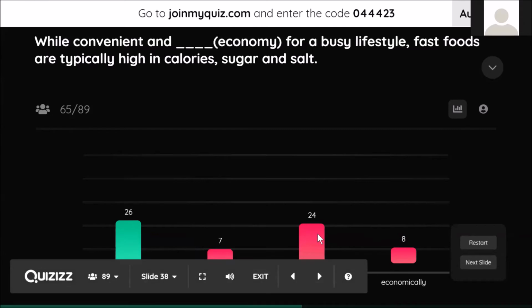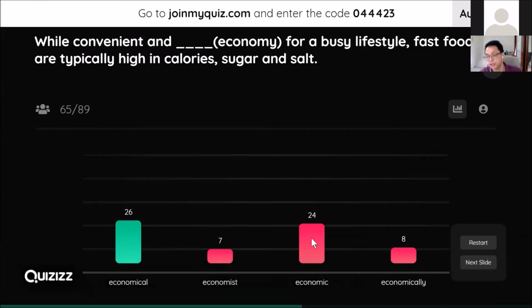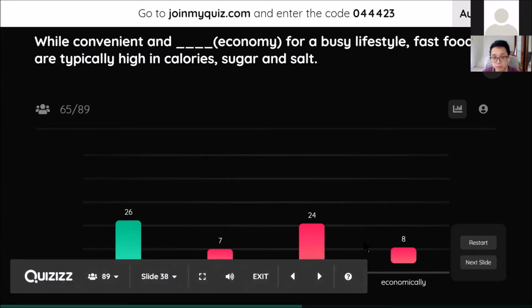Economic means 经济 means the subject, 关于 economy 的。Economical 是 cheap。Economic 是 talking about the economy, 关于我们的世界经济、国家的经济的, that's economic。如果讲便宜的话是 economical。Okay?